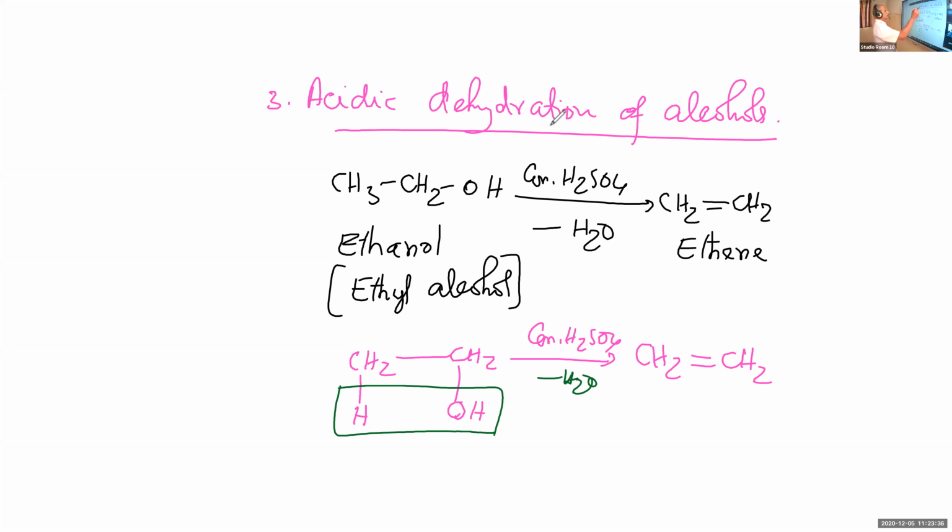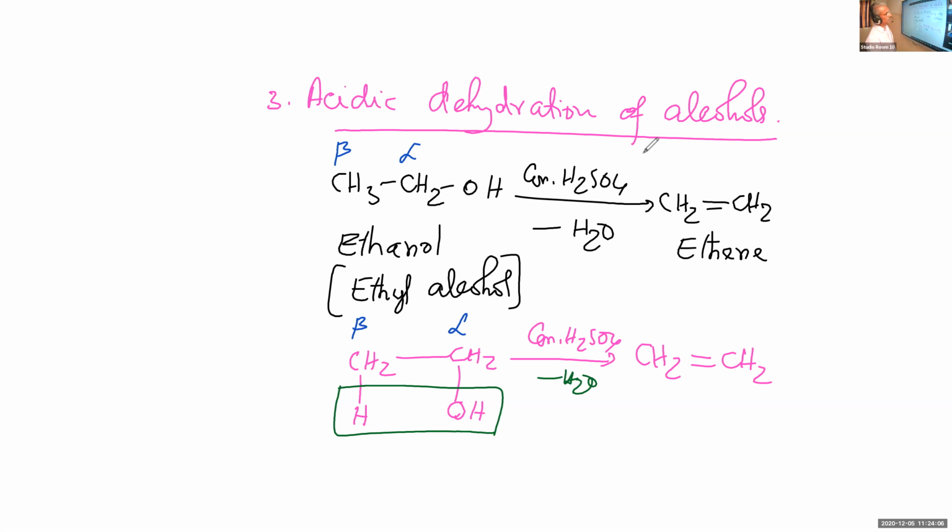The carbon atom bearing the OH group is alpha. The next one is beta. So this is alpha and this is beta. So which hydrogen is removed? Beta hydrogen is removed.